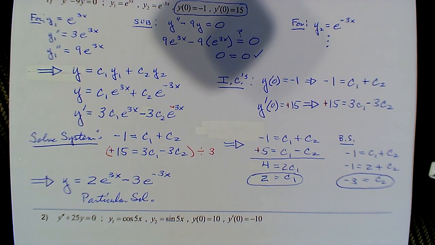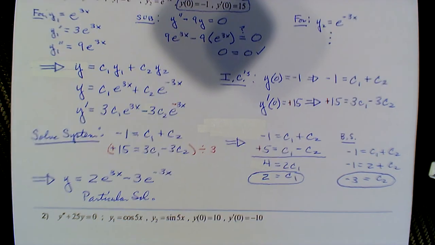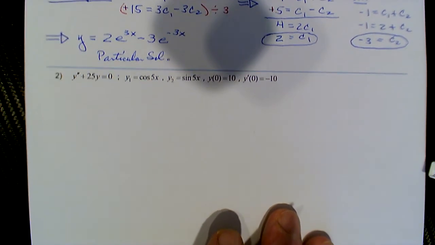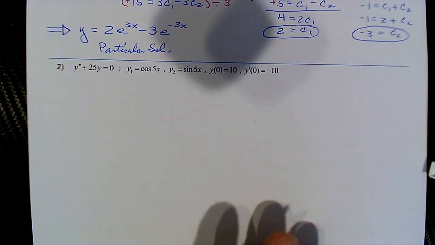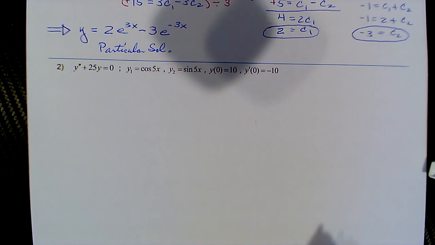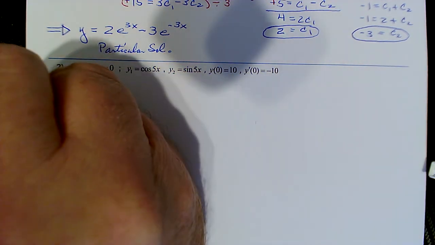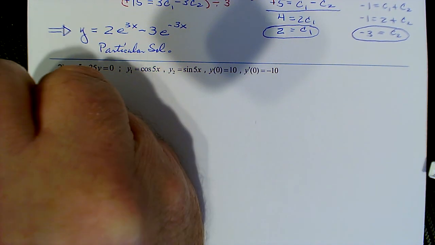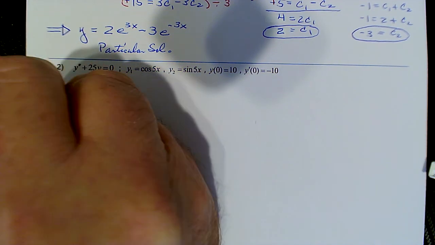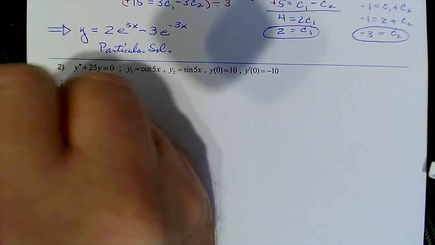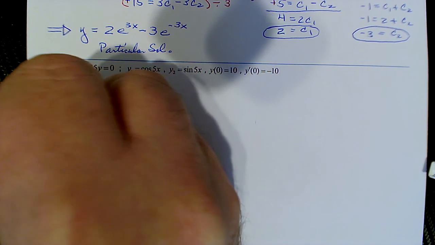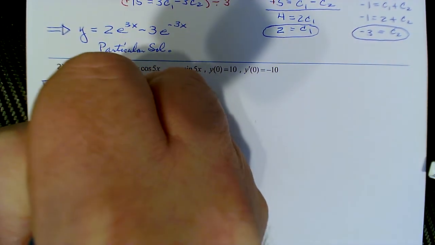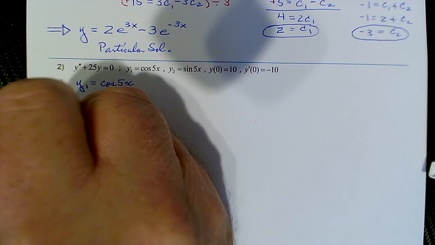Okay, so another example. That one involved e. Here's an example with some trig functions. So first, the verification. For y1, which is given to be cosine of 5x, we'll need two derivatives to verify.